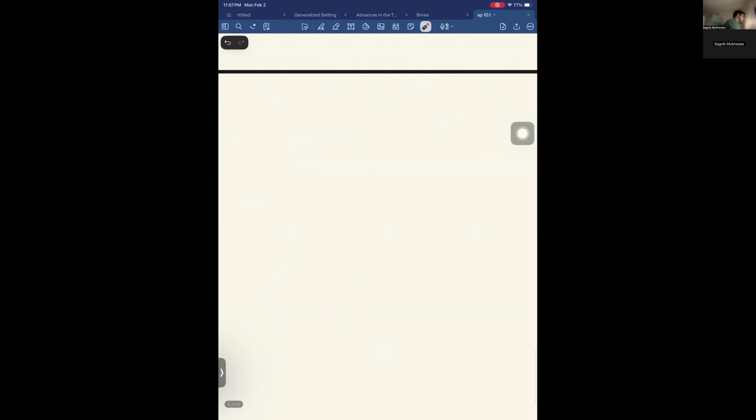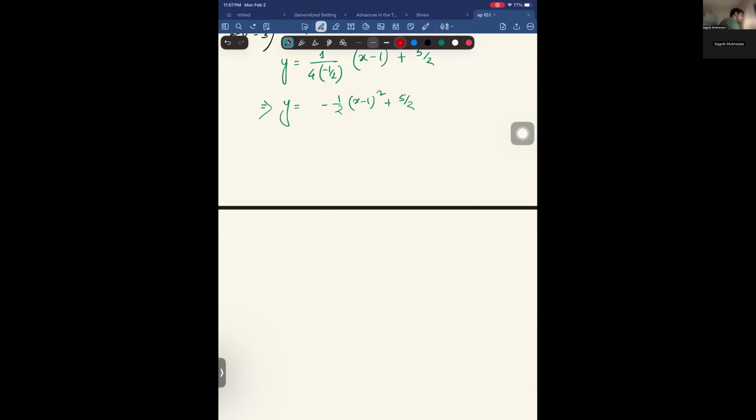Next, the other example I was talking about. Find the focus and directrix of the parabola x equals 1 over 8 y squared minus y plus 1.